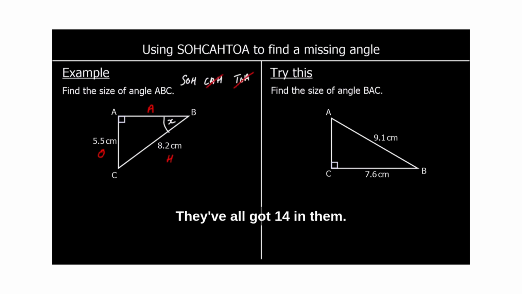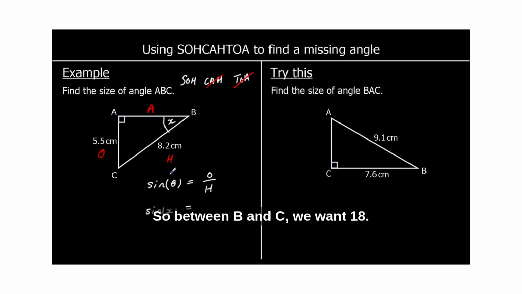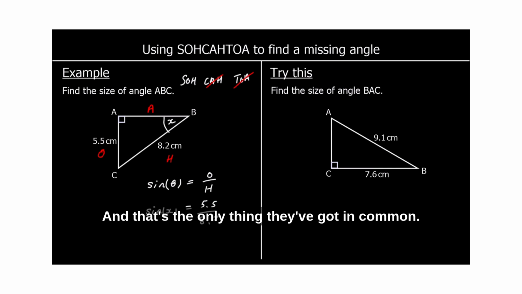So that's sine. So sine with the angle. Sine theta is O over H. And substituting in, that gives us sine x is 5.5 over 8.2.